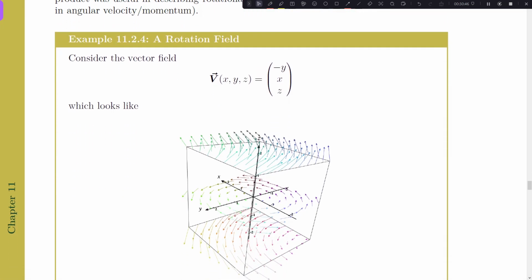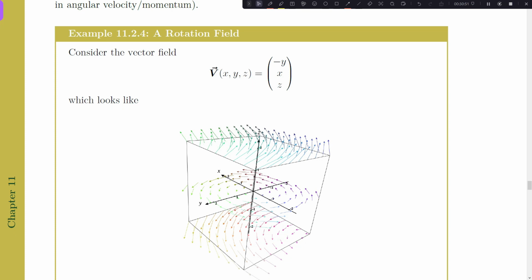So there's the vector field, and we can see it's definitely rotational. But what does that curl vector really mean? The curl of v was this vector 0, 0, 2. And that vector is precisely this one.